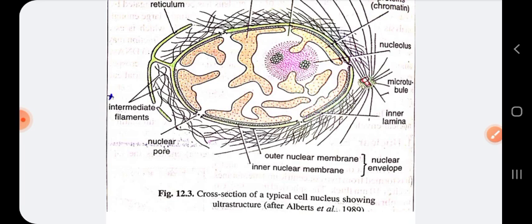Like the membranes of the rough endoplasmic reticulum, the outer surface of the outer nuclear membrane is decorated with ribosomes, which are engaged in protein synthesis.